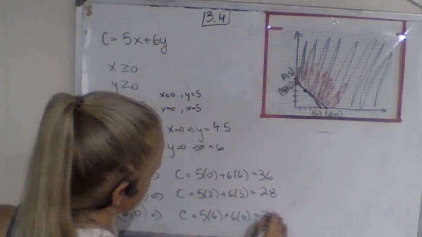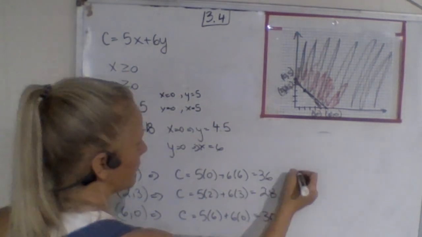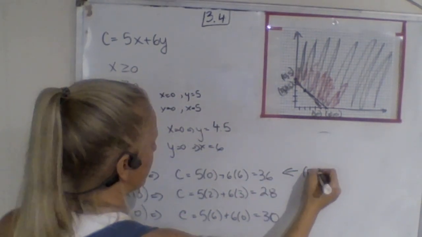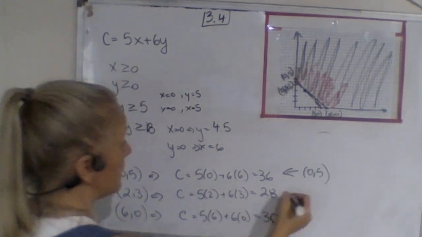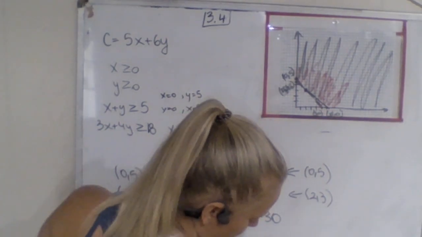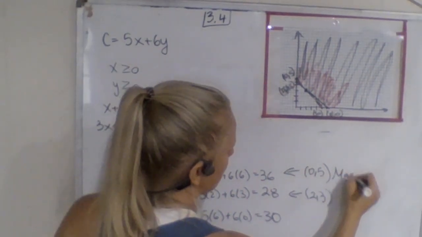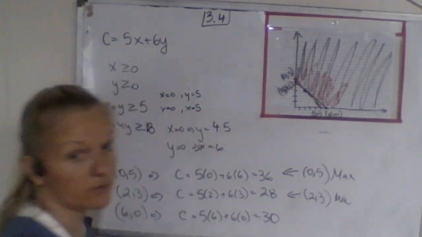I forgot what this is asking for. Is it max and min? Yes. So my maximum, it's going to be 0, 5 is the biggest value. And my minimum, it's going to be 2 and 3. That's my max. I didn't write it. This is my min. And this is how these work.